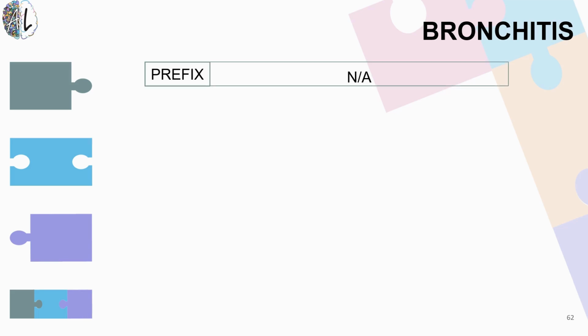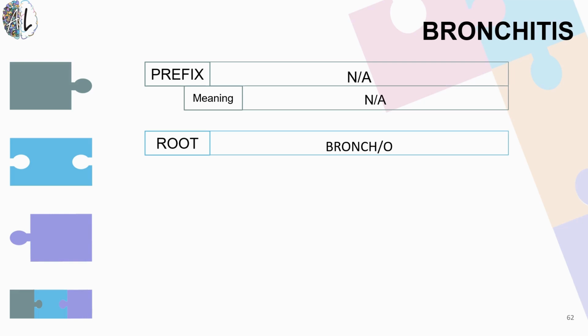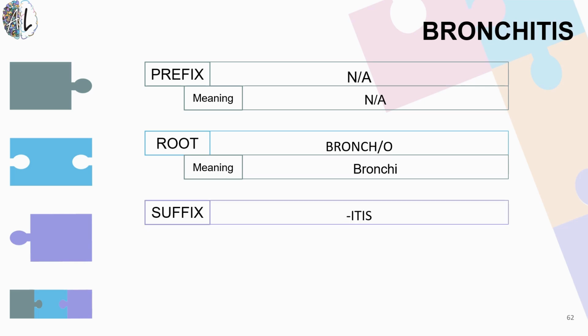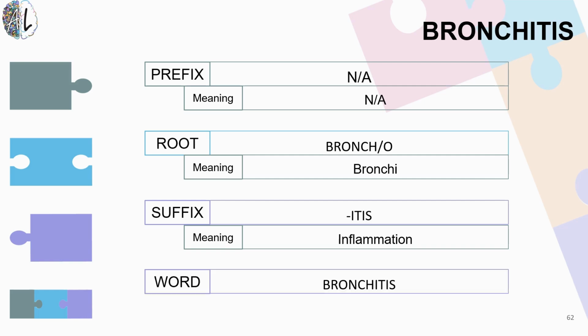All right, there is no prefix in the term bronchitis. The term broncho refers to the bronchi. So we looked at the bronchi, and if you need to go back and rewatch the video for the parts of respiration to know what the bronchi are, please do so. The suffix here is itis, which refers to inflammation.